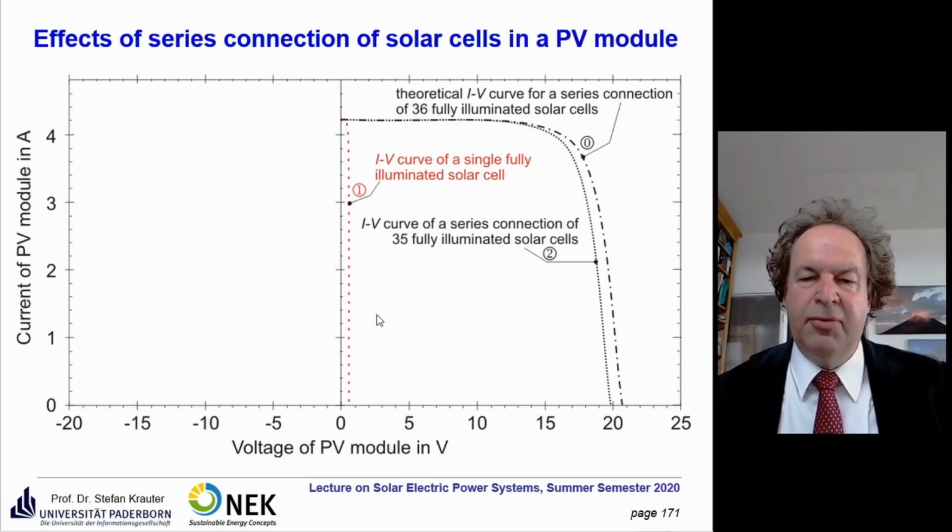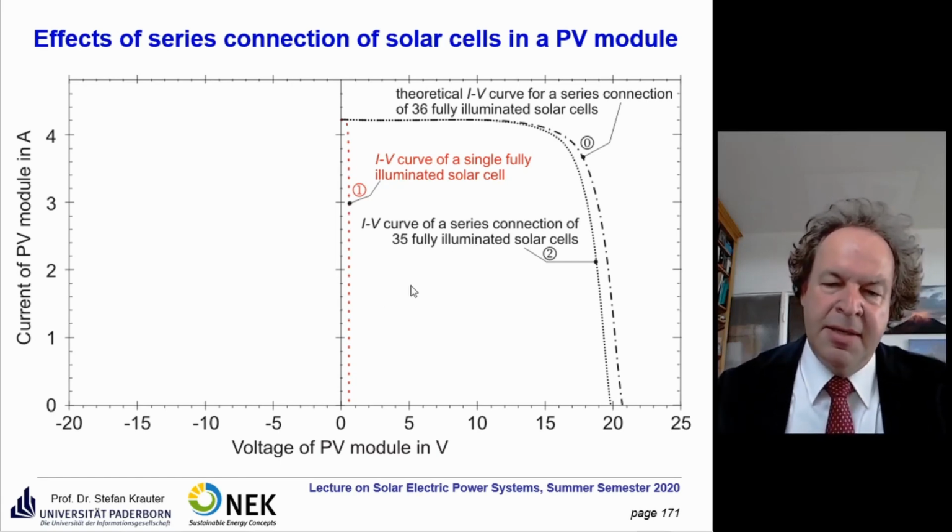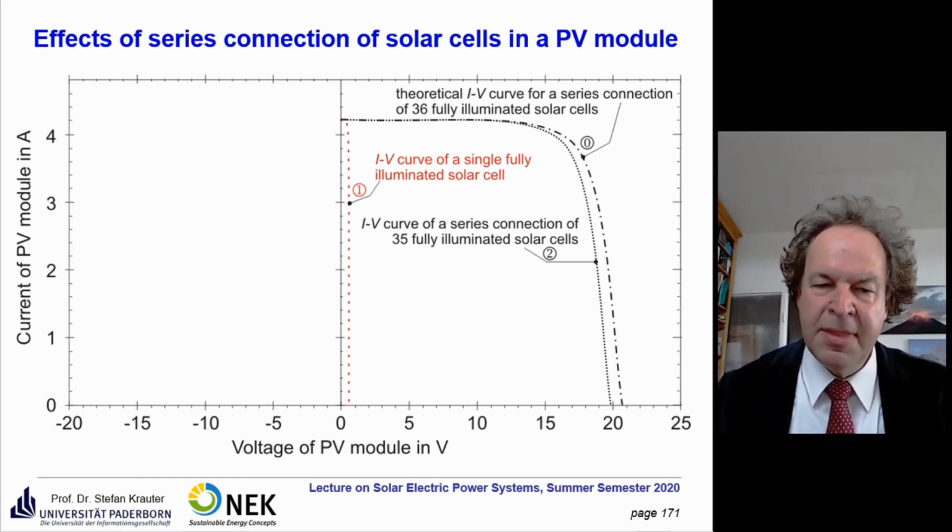Another effect I've already mentioned is shadowing. I'll explain it here. As you already know, this is the interconnection of the different solar cells in series. So you have a module, and if it's fully illuminated, you have this IV curve, where the 0 is the maximum power point. But what happens if you shadow one cell? It could be a leaf, or even a bad cell, or a shadow from a tower, or something like this.